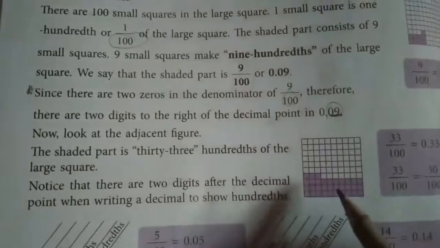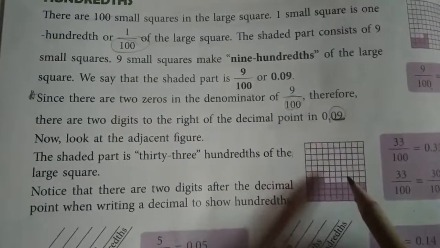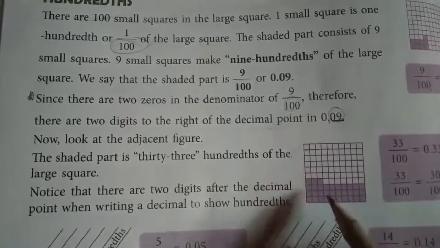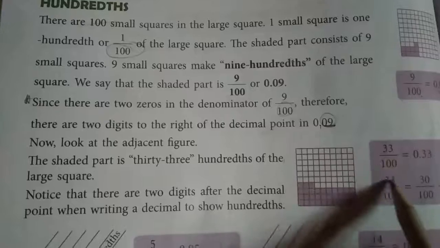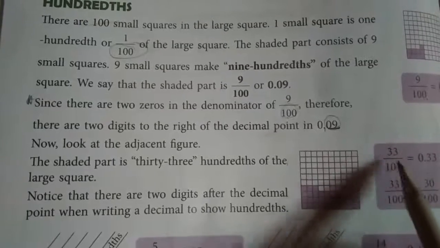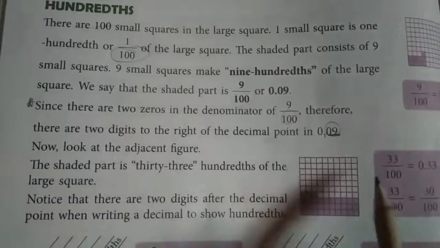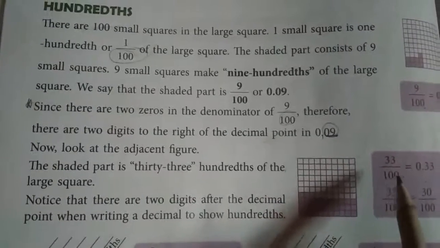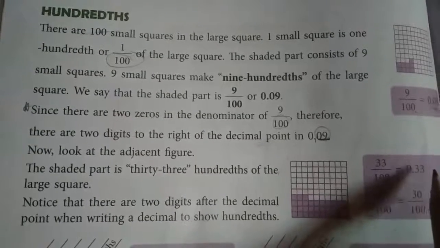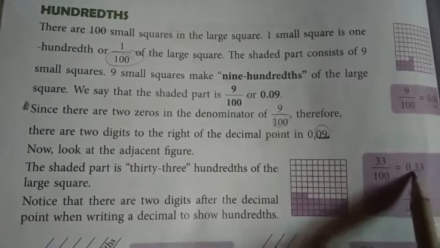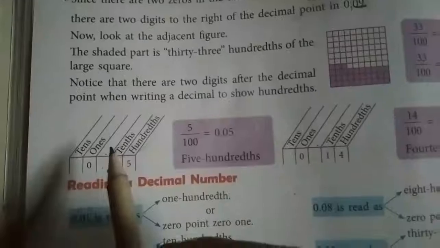Now look at another example. Here is the box. In this there are 100 small boxes, and out of 100 small boxes 33 boxes are colored. So we will write it in fraction form as 33 upon 100, and we will read it as 33 hundredths, and this will be written as 0.33. Why? Because after the decimal 2 digits are there, because here it is 100.